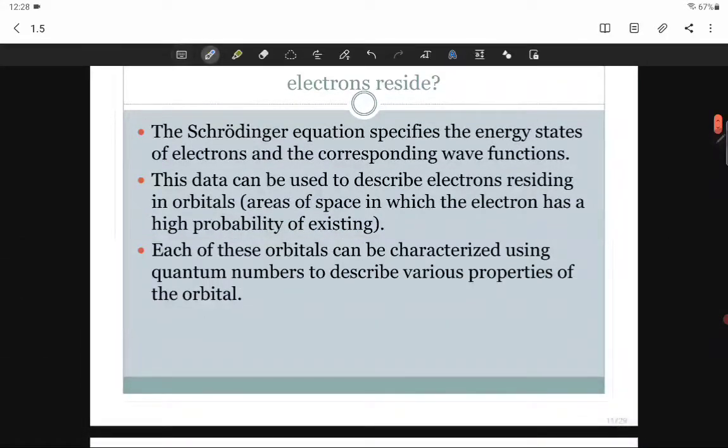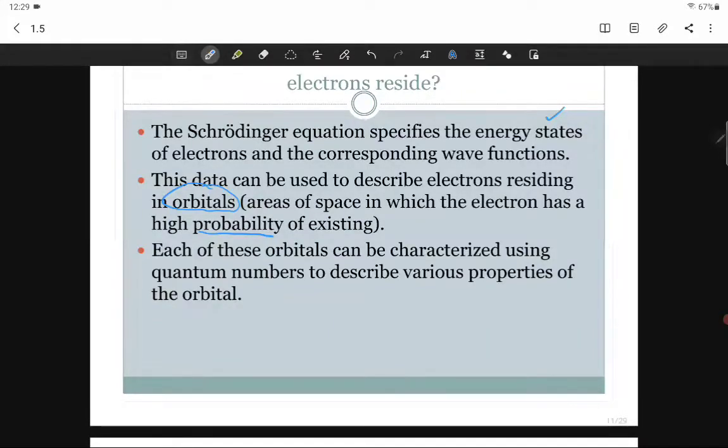Okay, so some of this is stealing a little bit from the Bohr model. We have these energy states. So the Bohr model was distances away from the nucleus. The further away you get from the nucleus, the more energy that electron is going to possess. But again, we're going to call these orbitals because those are areas we think electrons are going to be.